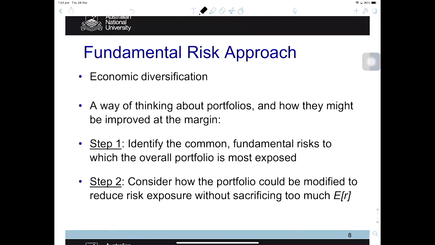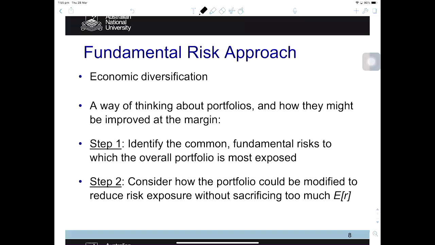This approach is usually applied after you run some quantitative analysis, for instance, mean variance optimization, and you have some output of a diversified portfolio, and you try to look at the possibilities of improving the diversification of your portfolio marginally. So instead of looking at the diversification across asset classes, we look at the fundamental risk factors.